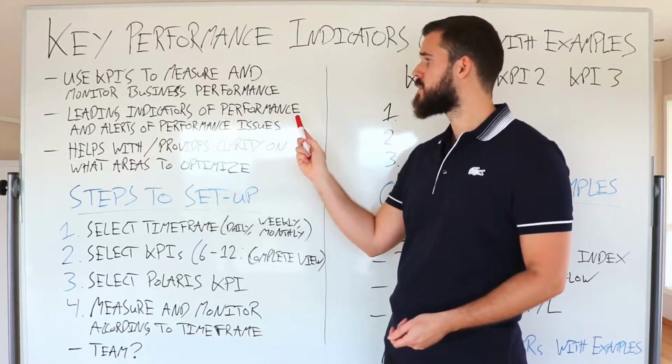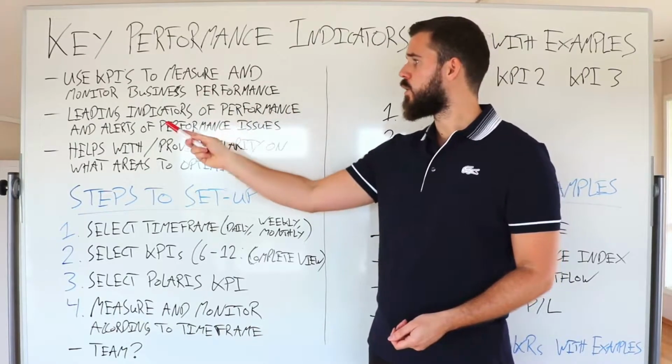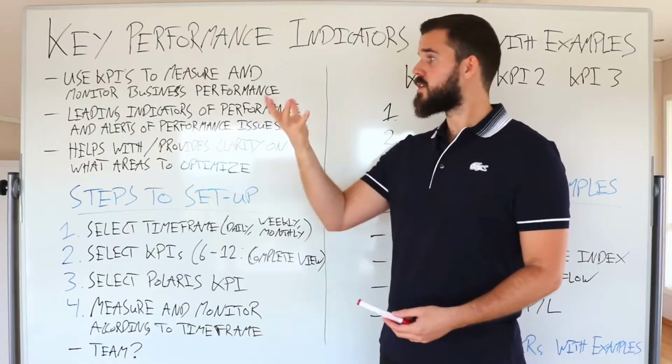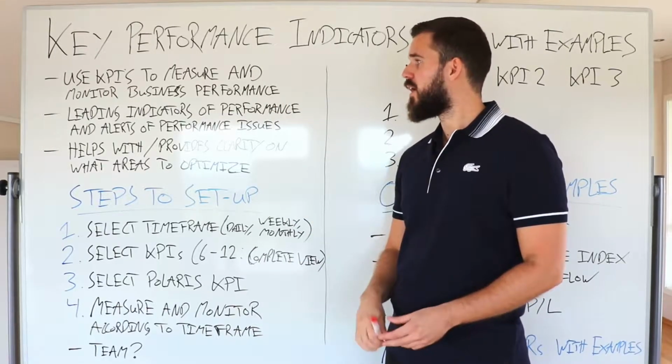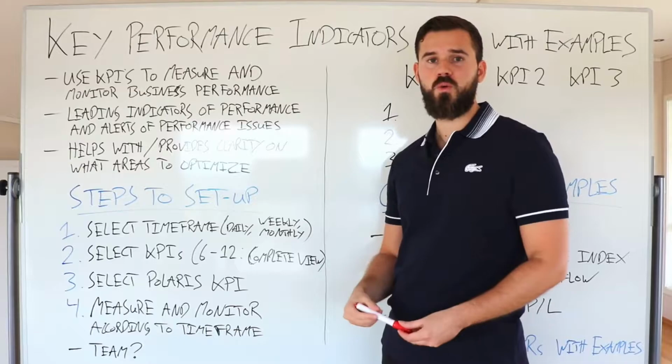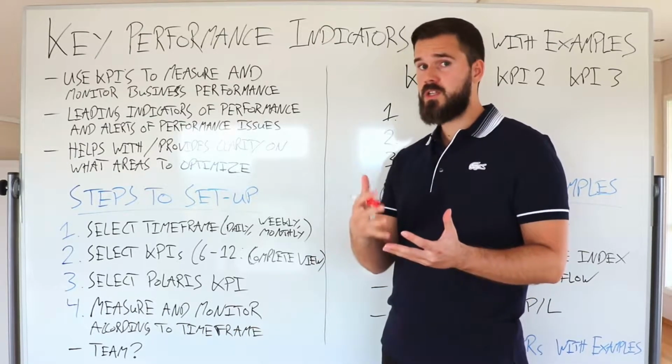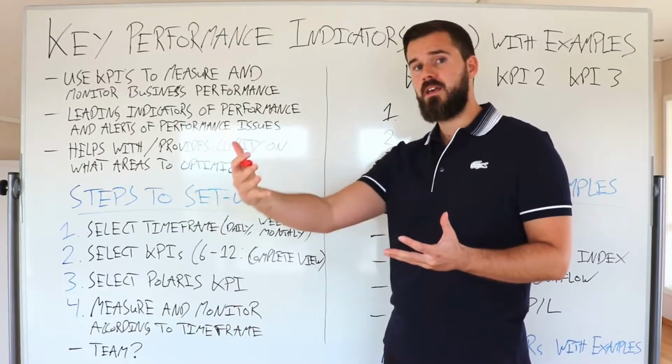Now, another thing I want to mention here that's important is that KPIs are really a leading indicator of performance, and they alert of performance issues. So on the positive side, KPIs are leading indicators of performance. When you look at them, they will give you a good insight into what's going to happen in the future.